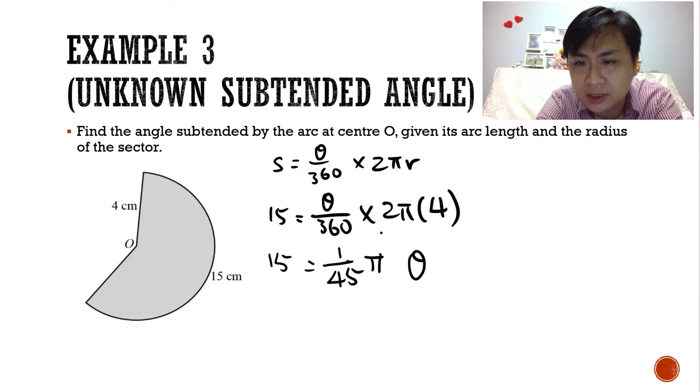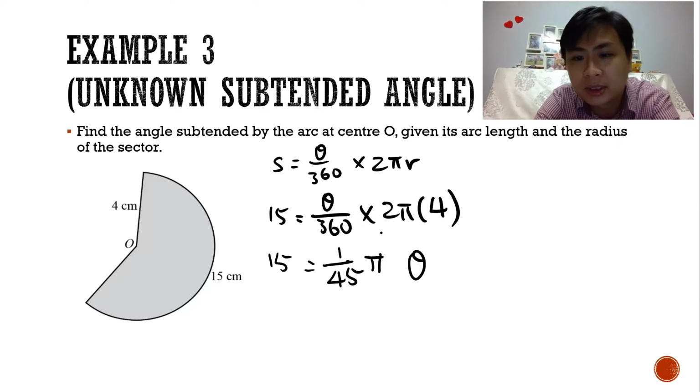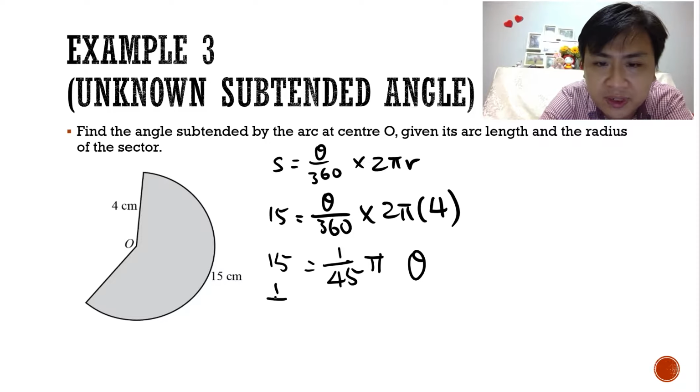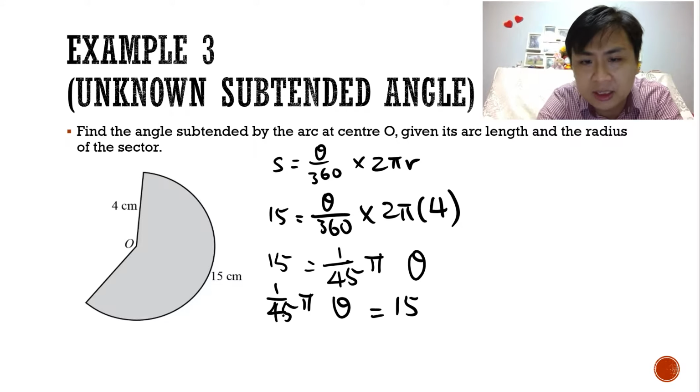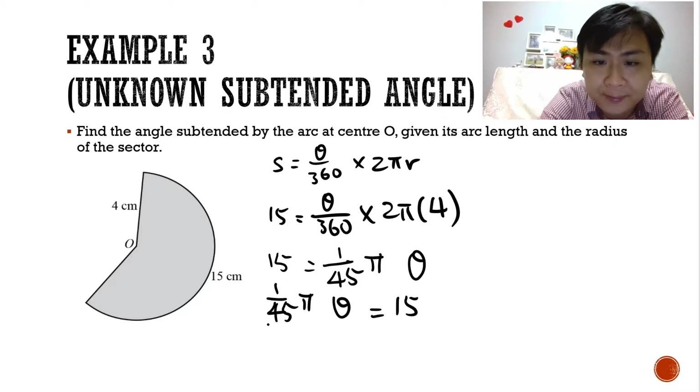Right, okay, so same thing, we can actually shift it around. So 1 out of 45 pi theta is equals to 15. Right, so to remove the coefficient of theta, we'll just take 15 divided by 1 out of 45 pi.